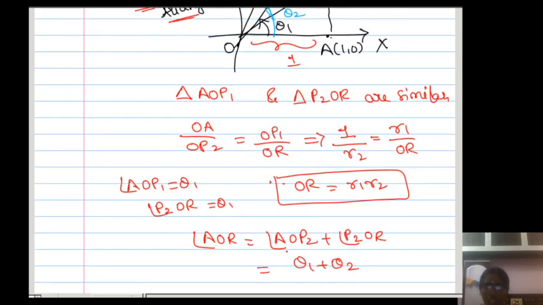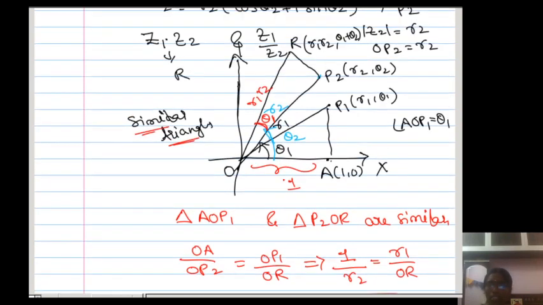So this is theta2, this is theta1. Finally, theta2 plus theta1, as the AOP2 angle is theta2 and the P2OR angle is theta1, is equivalent to theta1 plus theta2. Both are the same. Hence, what is the polar coordinate now? That's why the representation here is r1 r2, comma, theta1 plus theta2.